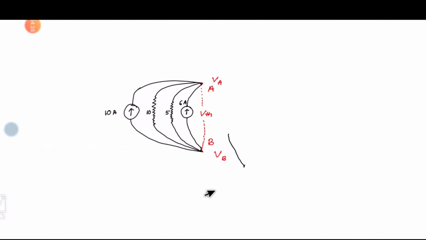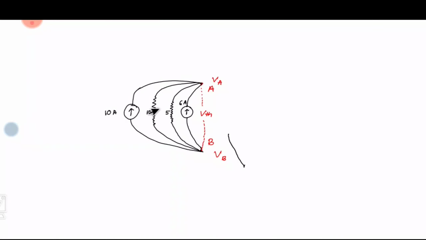Now this is the circuit, and we will apply the nodal analysis method at this node. First of all we will apply KCL.